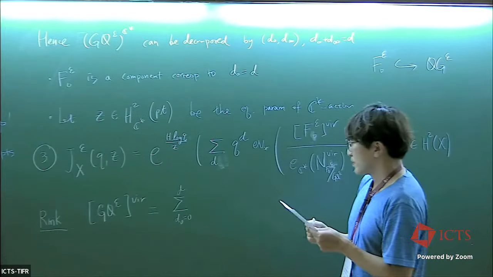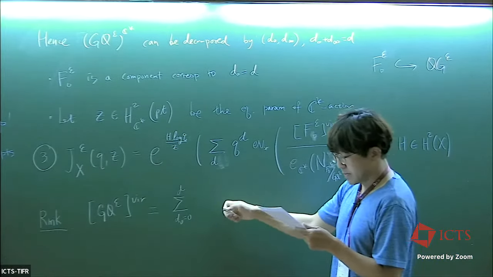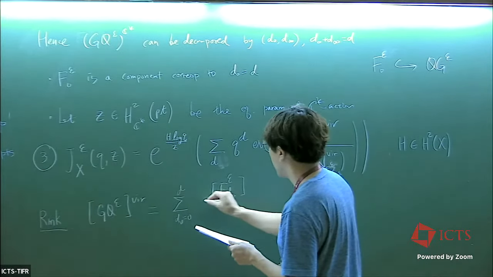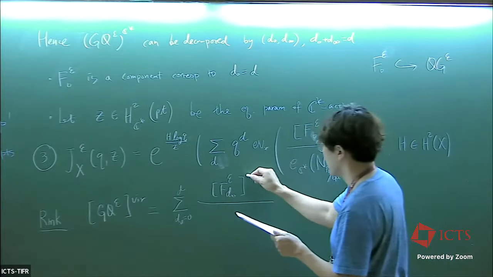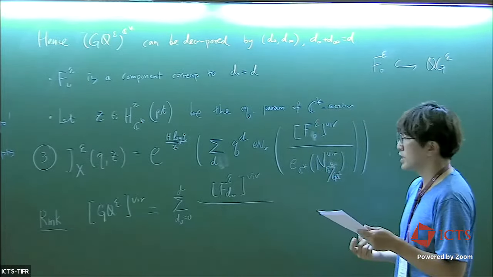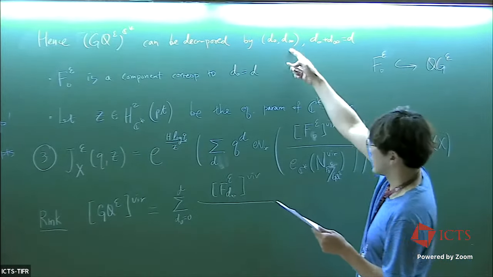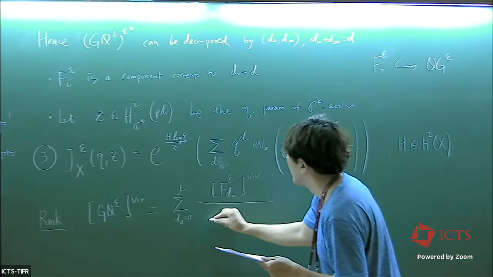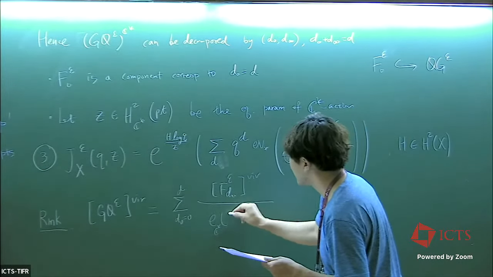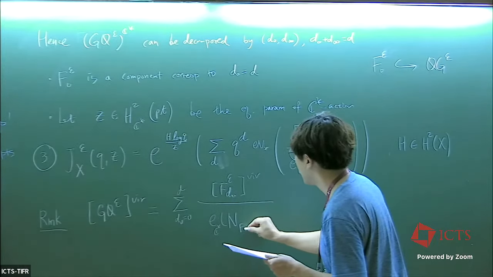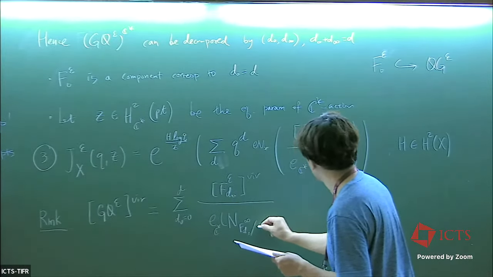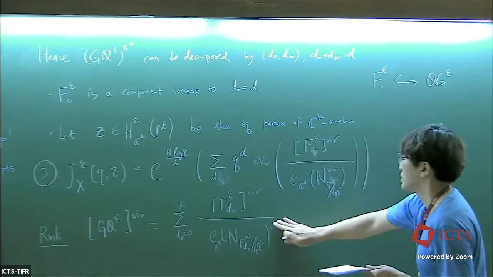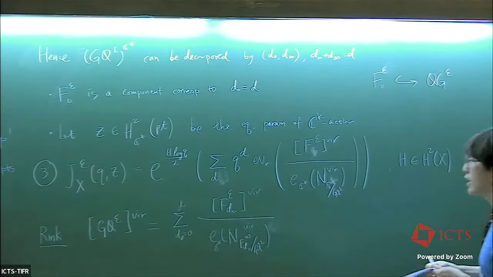When I write this way, I think you may understand what this fixed component is, because it is labeled by this. When t0 is infinity, that's our F0. This is not good notation, sorry. So we have this formula.